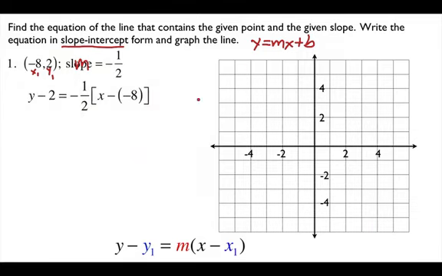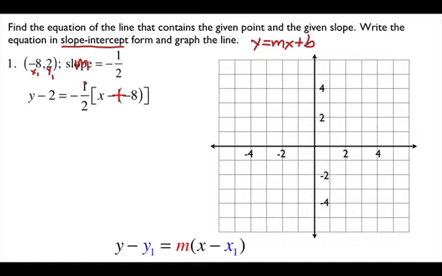I get y minus the y sub 1 value equals the m, which is negative a half, times x minus negative 8. And then at this point, notice that something's going to happen here. This becomes a plus. You should feel comfortable doing that by now.